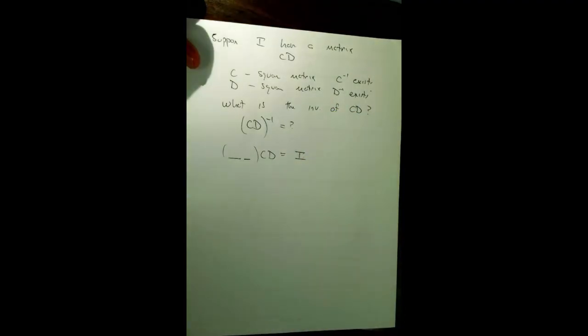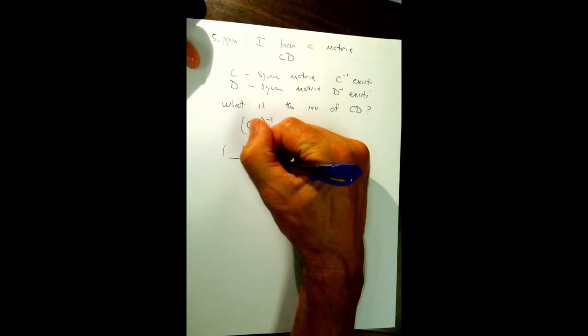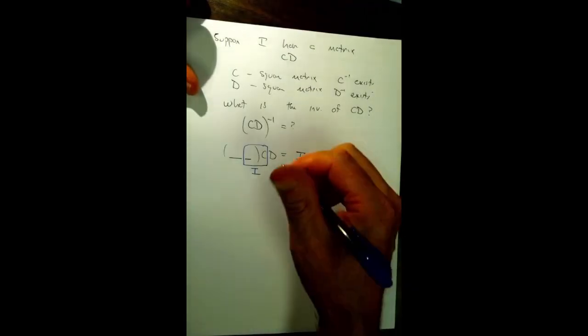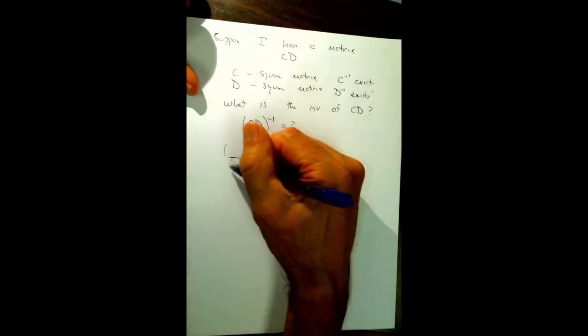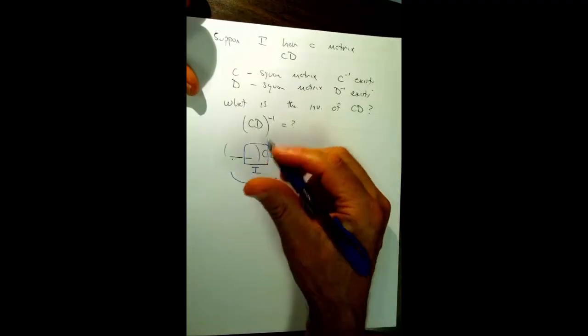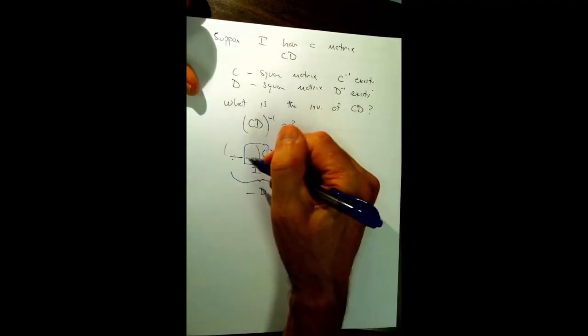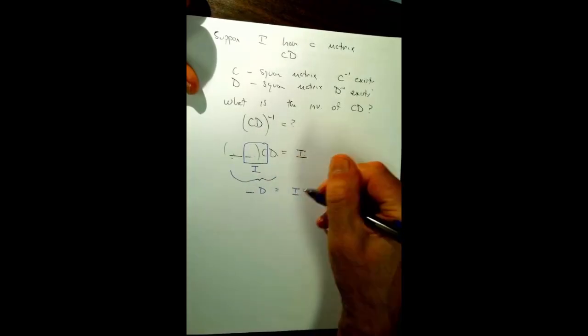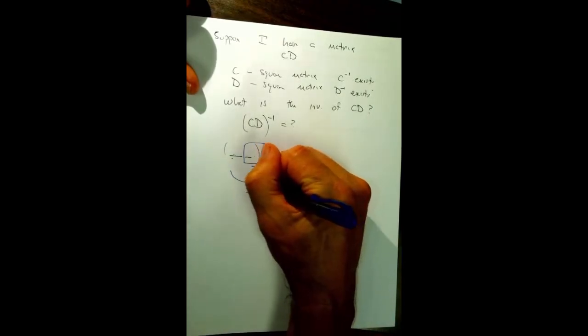Notice if I just focus in on those two things, if I were to get an I there, I would be left with something times the D. And then, because whatever is here times I is going to be whatever this is, I immediately see I could put a D inverse there.